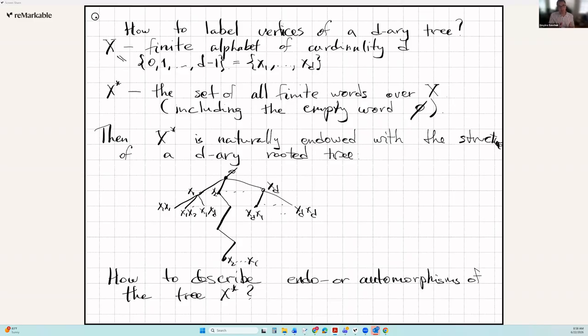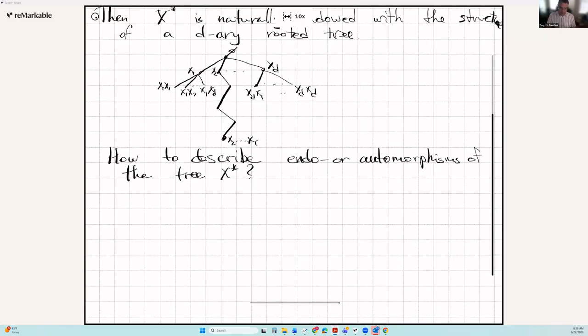So here I have to be very specific that we are not considering those automorphisms or endomorphisms. We are considering automorphisms and endomorphisms of this set viewed as a tree, right? So these are graph automorphisms and graph endomorphisms. Just don't make this mistake in your mind. So we're just talking about graphs. That's it.